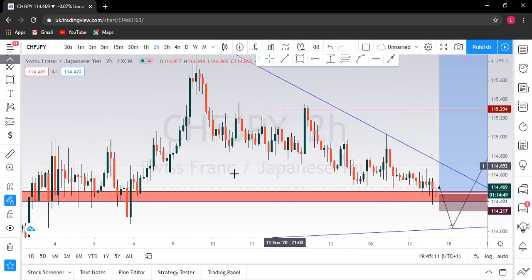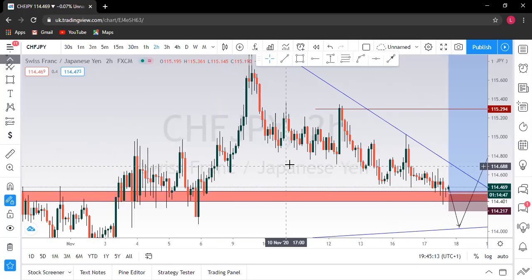There are candlesticks that you need to see on the support level that will actually encourage you to buy. Among them is the morning star, right? When you see a morning star on your support, morning star.